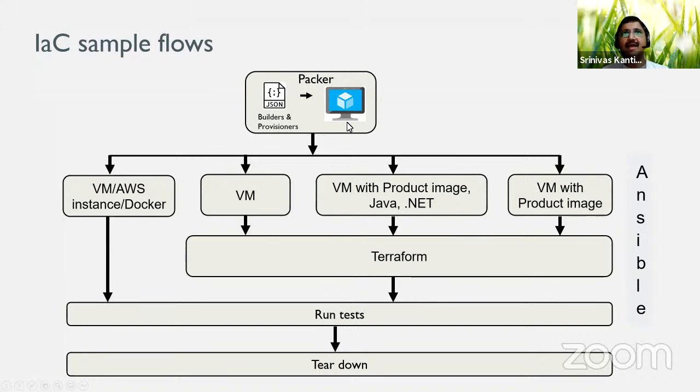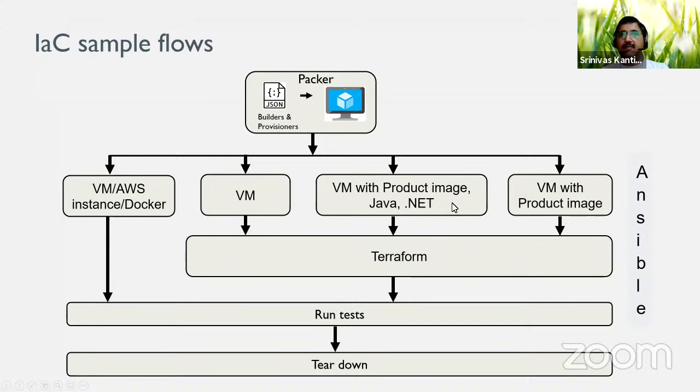We have a plain vanilla template, and a template without product images, with Java, .NET and all. That's one kind of template. And we can have a template with just product images, several combinations of templates. These templates we build often, every day. And when we configure, we use Ansible to configure the product images and other things.